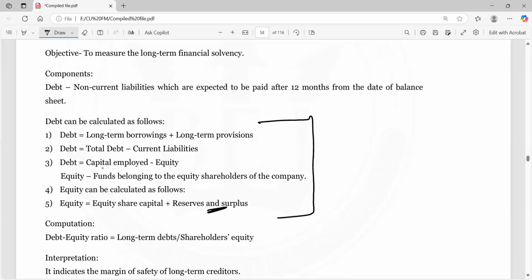Why? Because here we are not going to take the market value. If we are taking market value, the share capital includes retained earnings. But here we are going to calculate ratios based on book values. So the share capital does not include the retained earnings, so it has to be taken separately, right? So equity includes equity share capital as well as reserves and surplus.